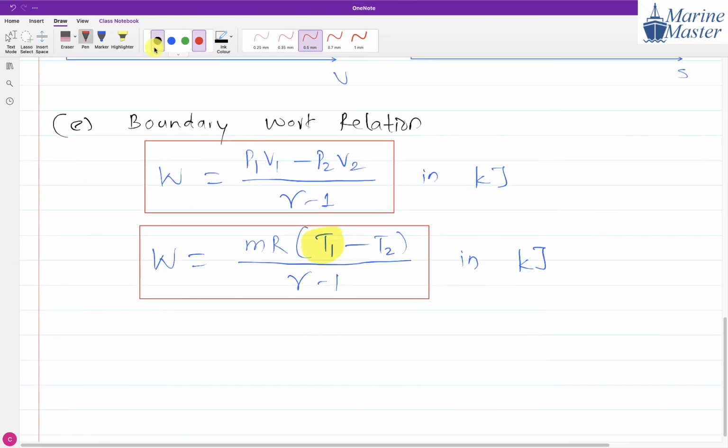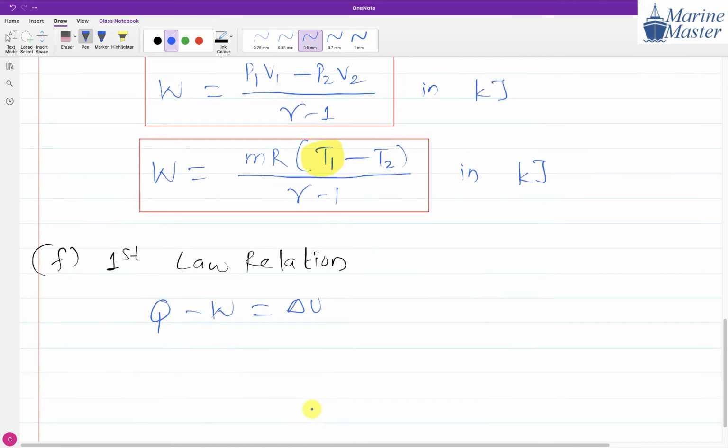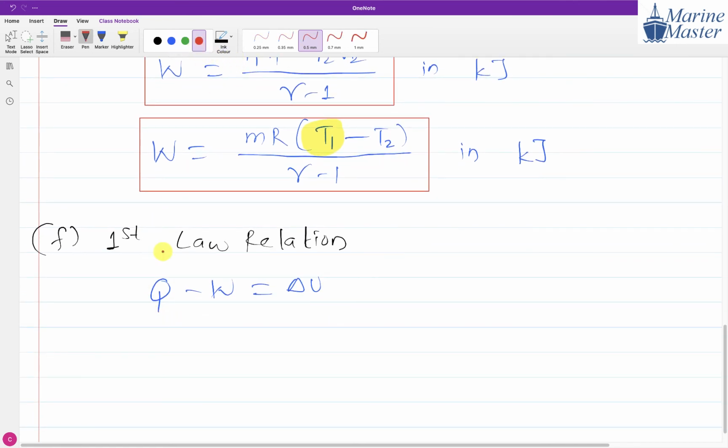Now, what will be our F point? F point will be the first law relation. And what will be the first law relation? Q minus W is equal to delta U. So Q is 0, and minus W is equal to delta U. So W will become minus of delta U. Delta U means m Cv (T2 minus T1).